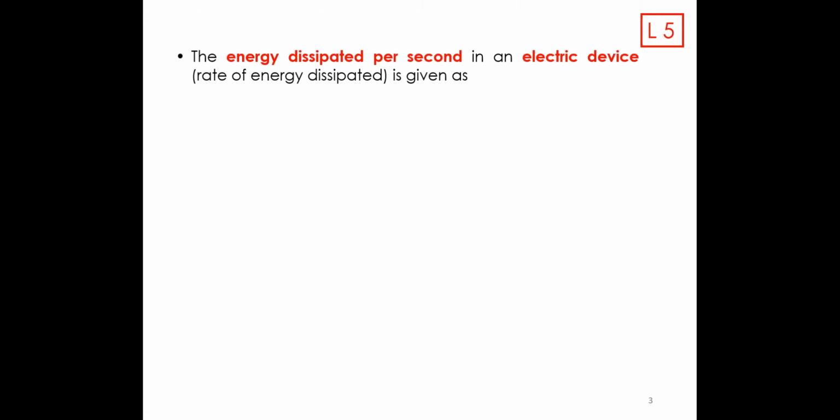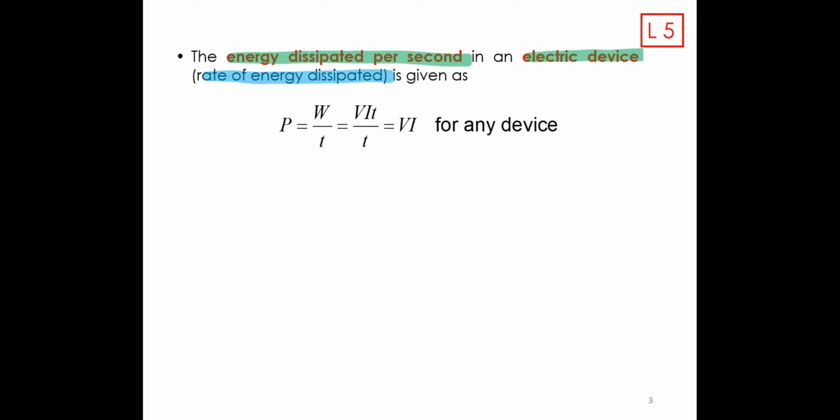To determine the energy dissipated per second in an electric device, or rate of energy dissipated, you can use the general equation P equals W over T, or you can use P equals IV, depending on the information.